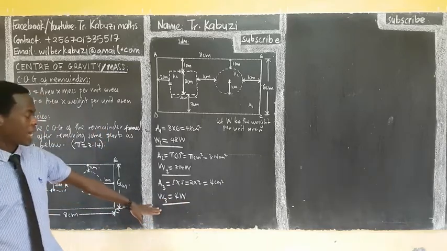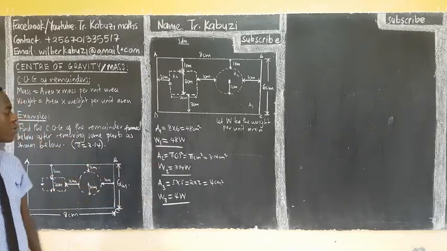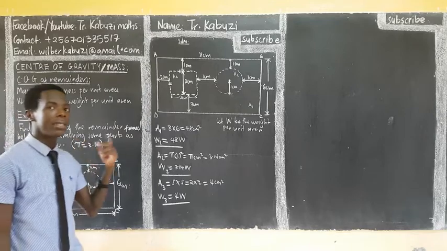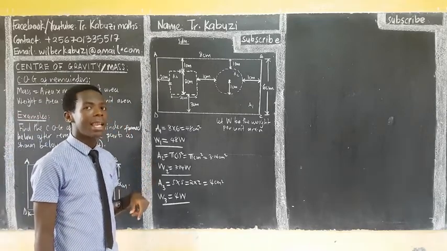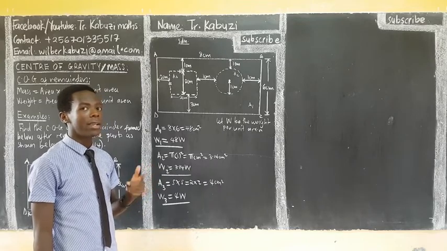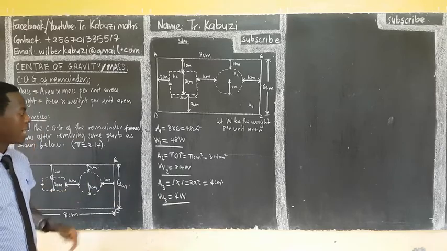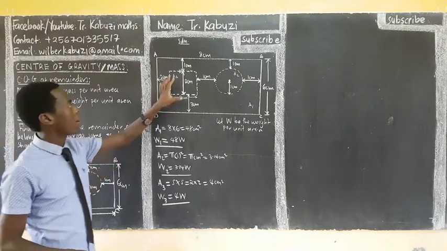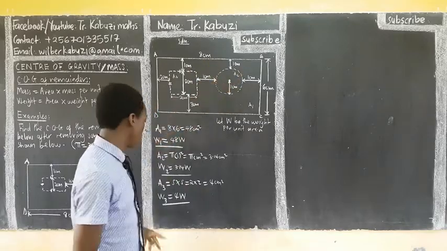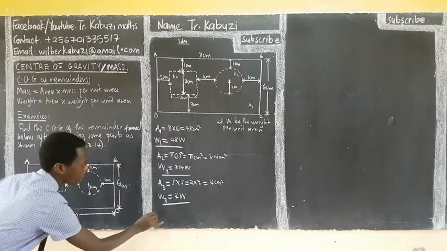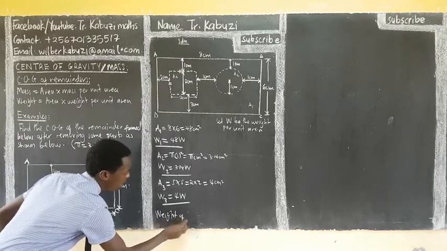We saw where these ones are coming from in some previous lessons, that's why I'm just quoting. Because for a uniform lamina, weight is proportional to the area, the proportionality constant is the weight per unit area. So after getting that, we now get the weight of the remainder after removing this and this.